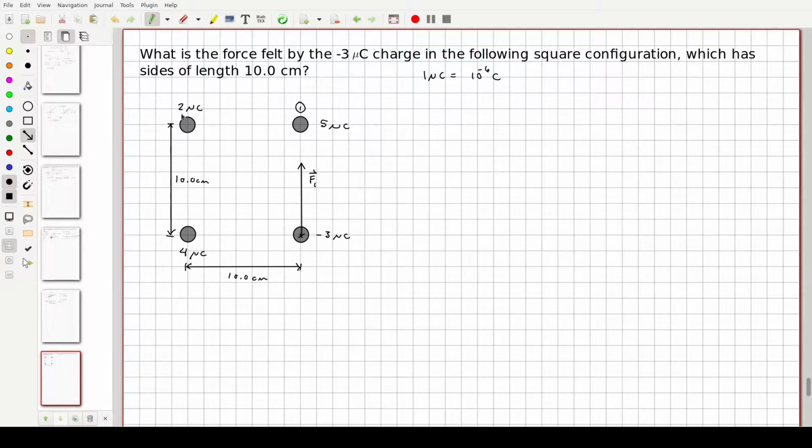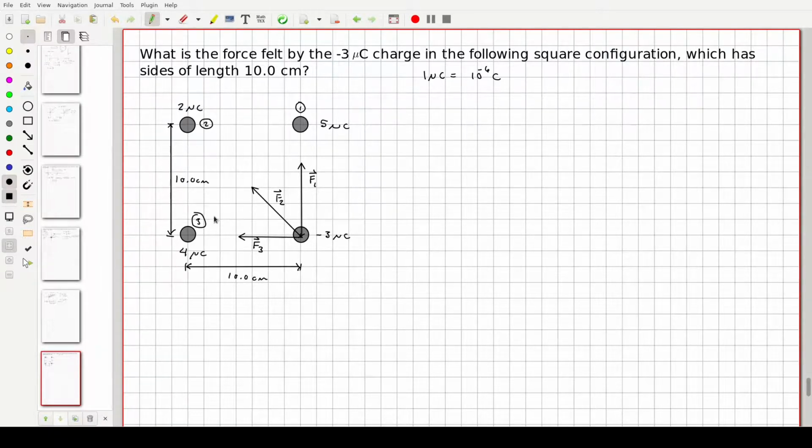Here, a positive charge and a negative charge, pulling it straight this way. I'm going to call this one right here number 2, and this right here is F2. Likewise, a positive charge here and a negative charge here: F3. This is number 3.